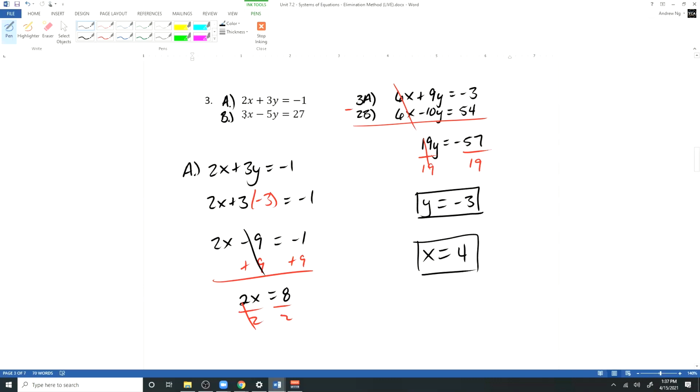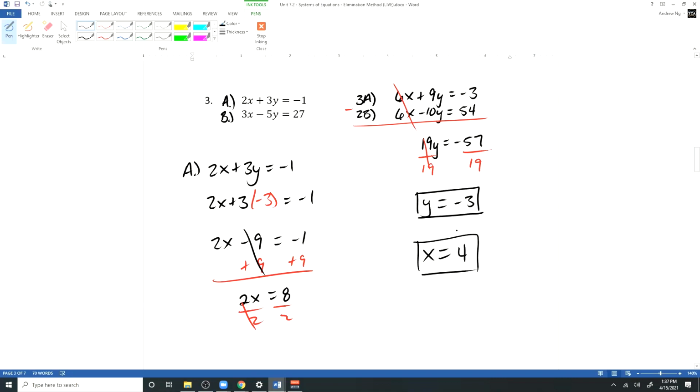So I just picked x and said, let's multiply A by 3, and then let's multiply B by 2. 3A and 2B. When I multiply through, I saw that both had 6x, which allowed me to subtract and solve for y. Then, just like all the others, once I solve for one, I plug it back into one of the original equations to get the other.